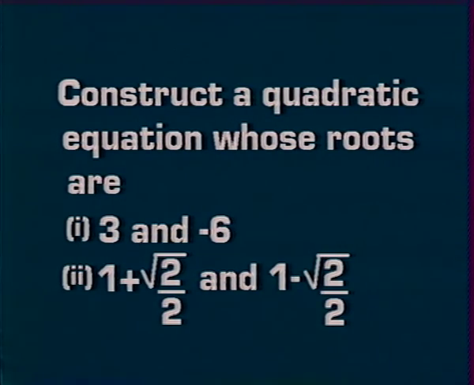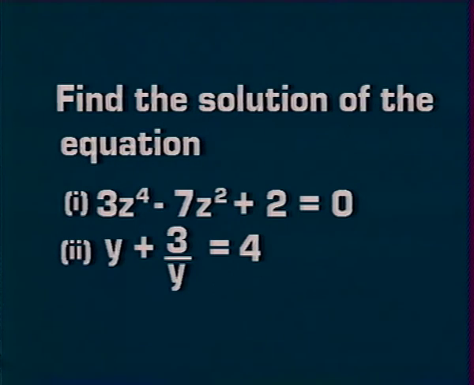Another question: construct the quadratic equation whose roots are 3 and minus 6, and 1 plus under root 2 upon 2 and 1 minus under root 2 upon 2. Another problem: find the solutions of the equations 3z raised to the power 4 minus 7z square plus 2 equal to 0, and y plus 3 upon y equal to 4.